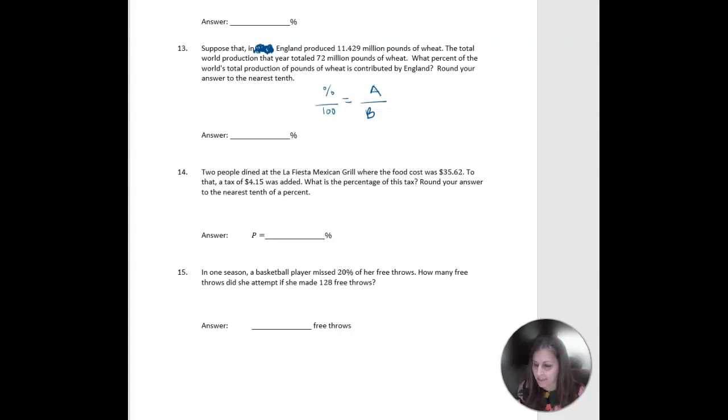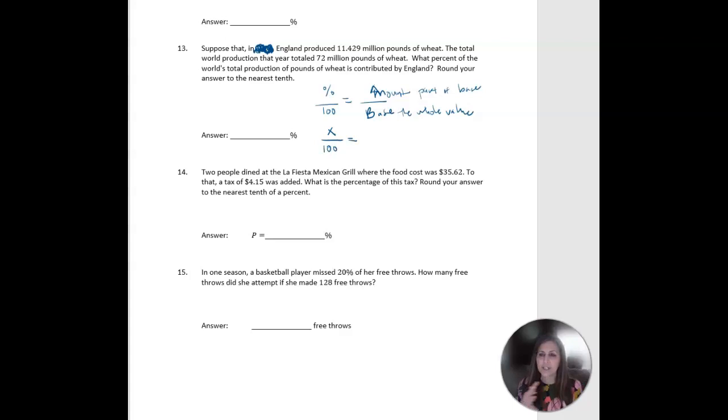A is the amount, and it is always part of the base. And B is your base, and it's the whole value. I'm trying to use the same terms that Hawks uses. So it's the whole value. We don't know the percent of wheat, so we put an X on the top, and that always goes over 100.